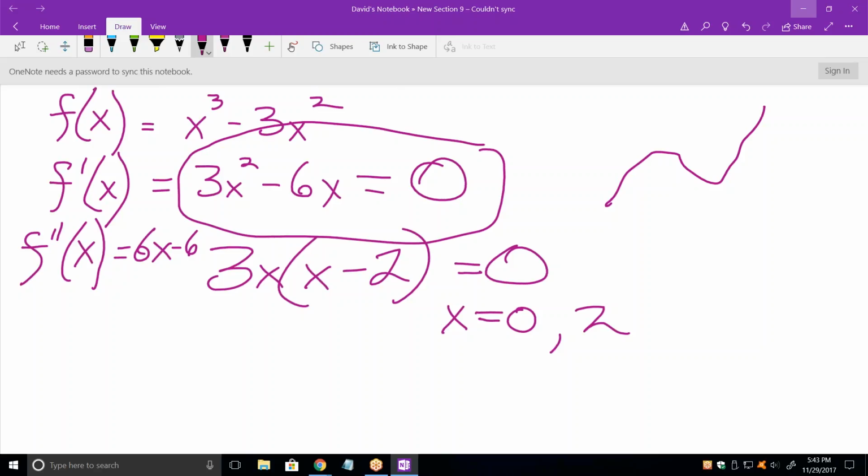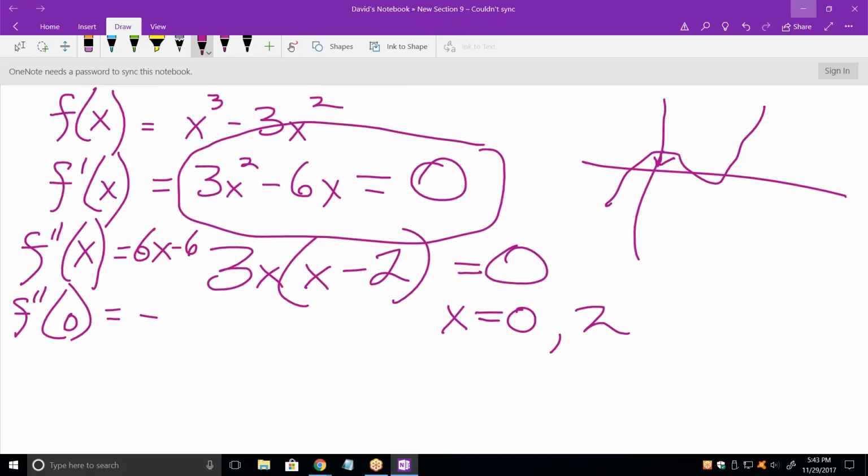So what is f double prime of 0 equal to? It's negative 6. I only care that it's negative. So at 0, it's concave down. Right there, it is concave down.